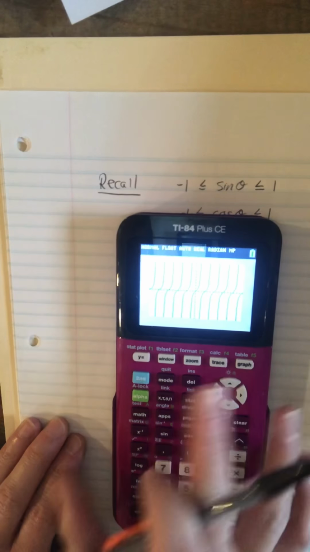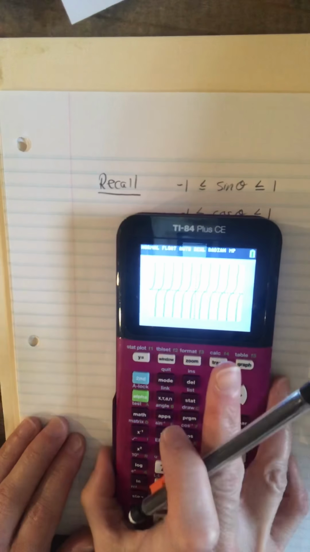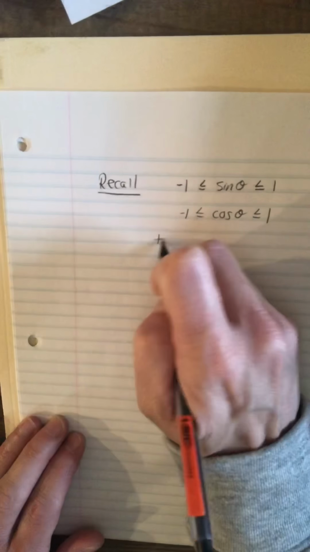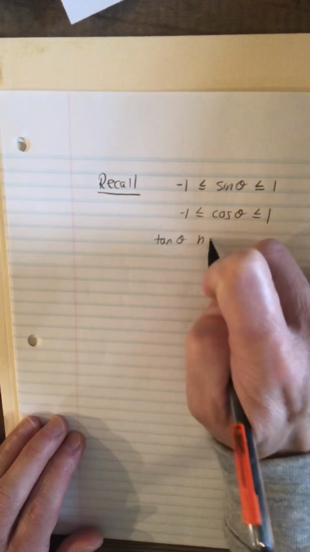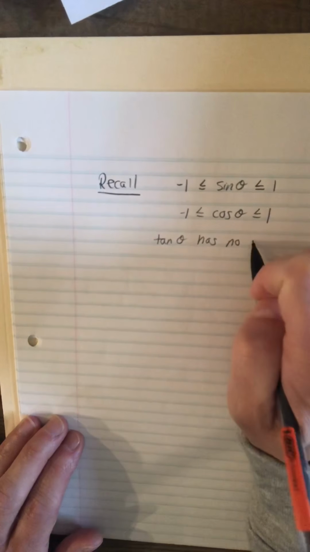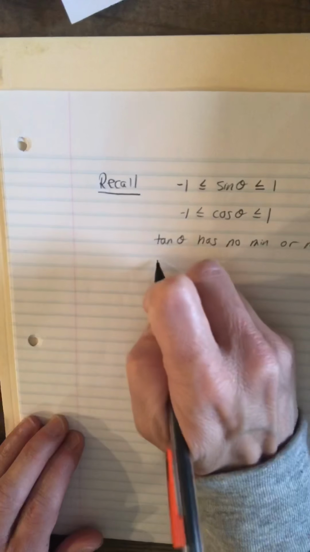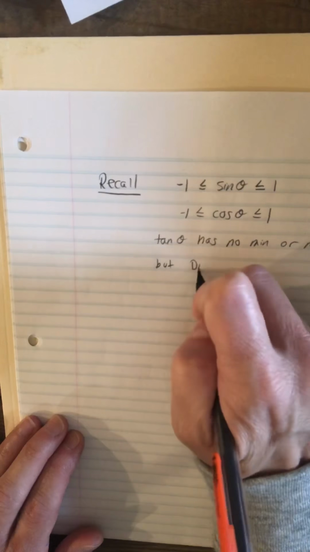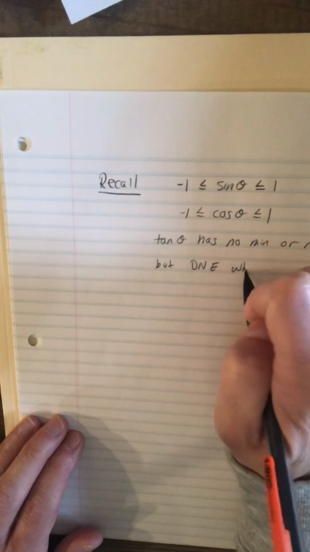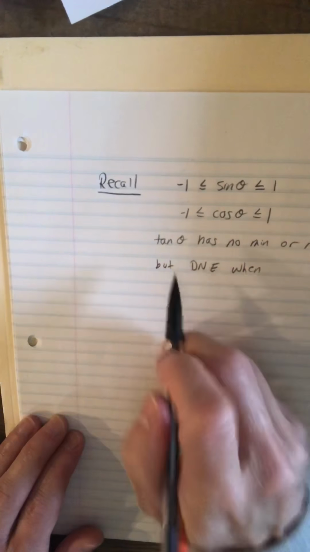In this case, this is the graph of a tangent, and you'll notice it has no min or max, but does not exist when, what happens, guys?